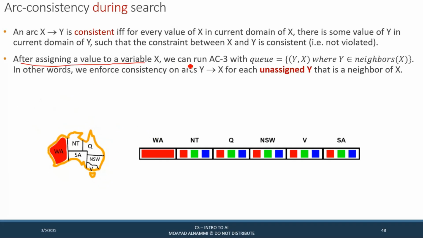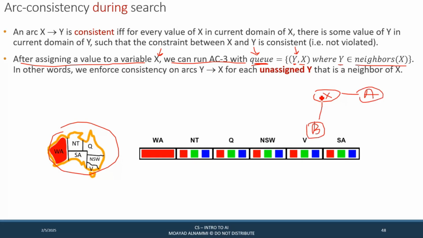So after assigning a value to a variable X, we can run AC3. Now, this is important. When you run AC3 within a search node, your queue is not going to be all arcs in the CSP. Because we assigned X a value, we just need to look at the arcs that are neighbors of X. So we look at the Y's, which are all neighbors of X, and we add the arcs Y goes to X. So if I had a variable X with neighbors A and B, and I assigned a value to X, then when I want to run AC3, I don't need to put all the arcs in the CSP, even though I may have other arcs.